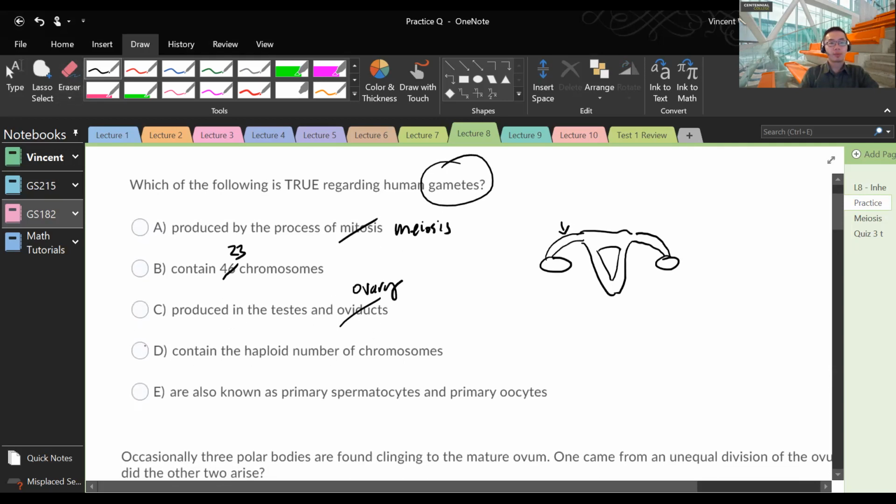Contains haploid number of chromosomes. That is correct. Okay, that's the correct answer. Primary spermatocytes and primary oocyte. That's the starting germ cell. That's the name of that.